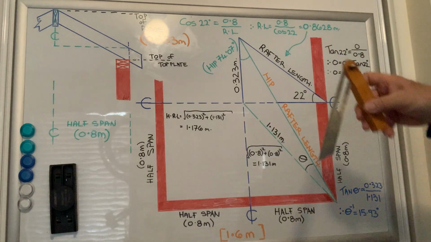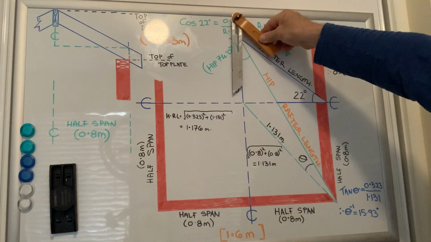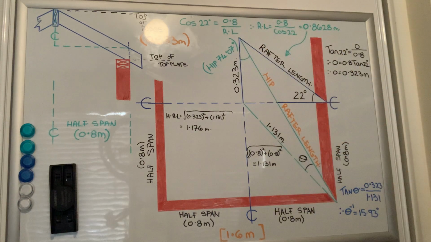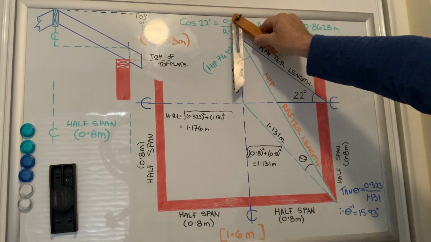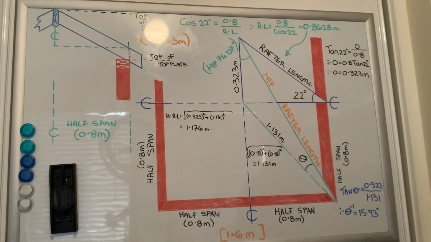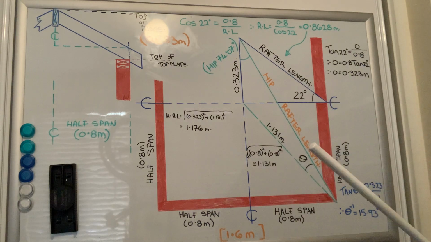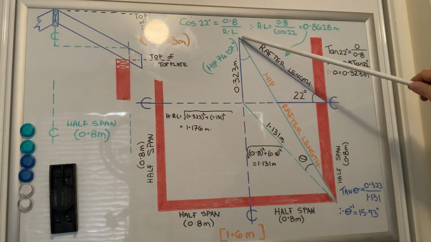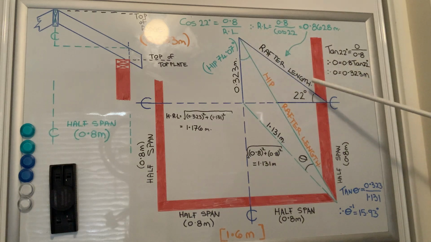So effectively we can grab our sliding bevel and measure 68 degrees with the assistance of a speed square, and then place that onto our rafter at that nominated angle. So that's the common rafter angle and the common rafter length.